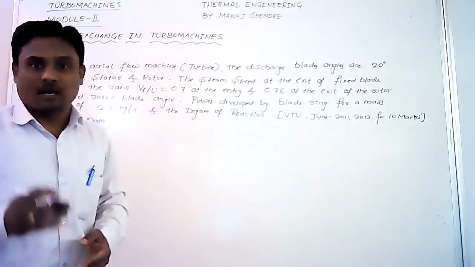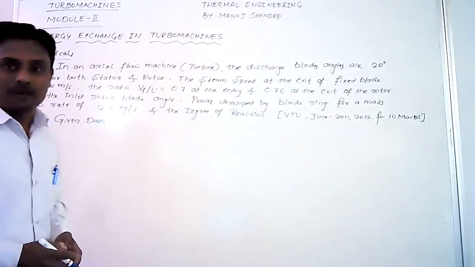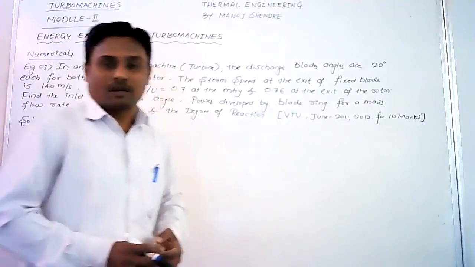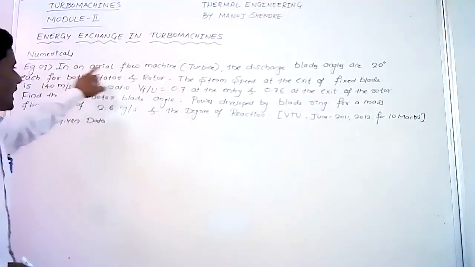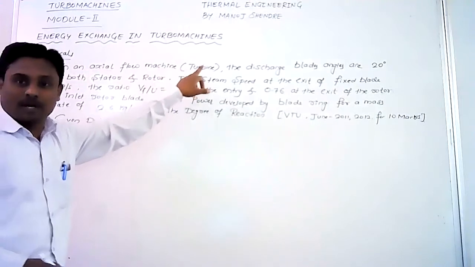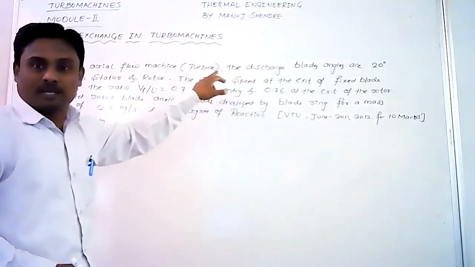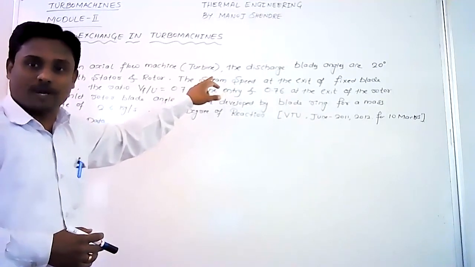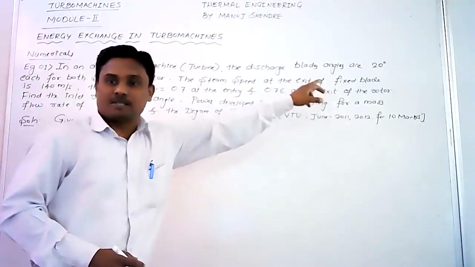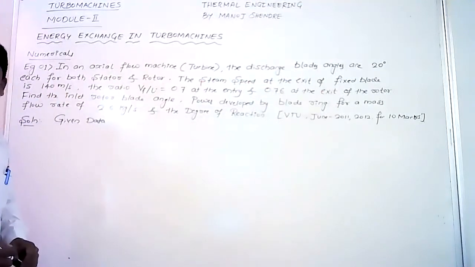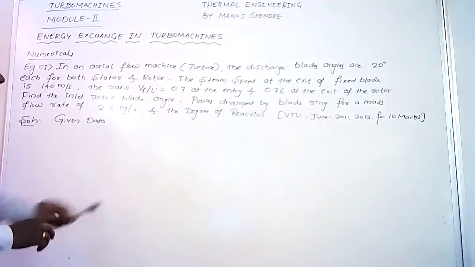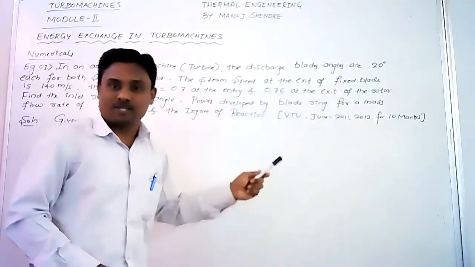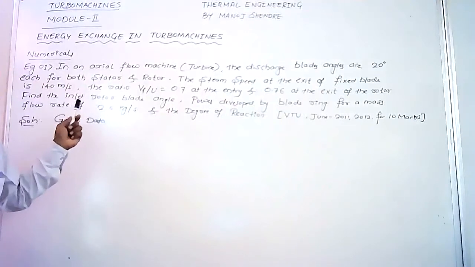Okay, let's start the first numerical, that is on the turbines, turbo machines. In an axial flow machine, turbine, in bracket has given the turbine, the type of turbo machine is axial flow turbine. The discharge blade angles are 20 degrees each for both stator and rotor. The steam speed at the exit of fixed blade is 140 meter per second.